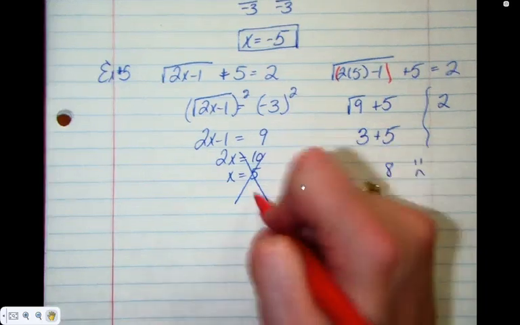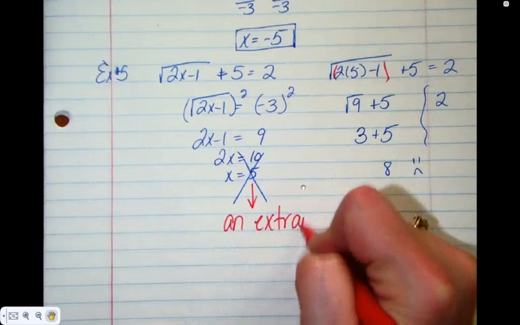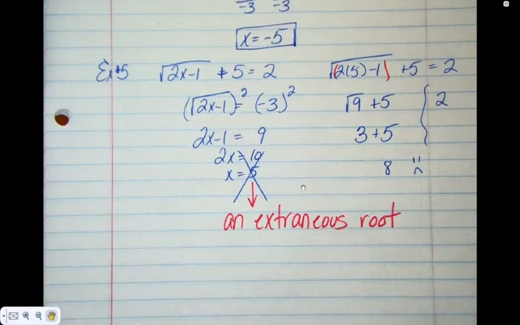We call this an extraneous root. We call it an extraneous root because you sound really smart. What does extraneous mean? Extra, right? The first 5 letters, so it means it's extra. We don't need it. What's a root? It's the same thing as an answer, and we'll find out in Unit 3 exactly what a root means. It's the same as the answer.